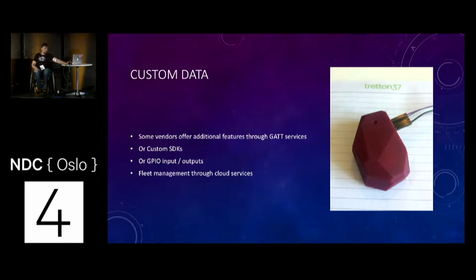And there are also ways to manage your fleet of beacons through cloud services. That's also one sneaky thing that's been done, because let's assume you have beacons deployed all over some airport. You don't really want to go physically within 1 or 50 meters to every one of them just to update them.